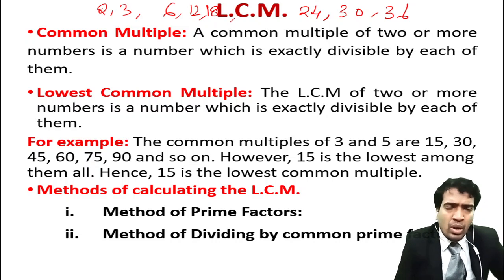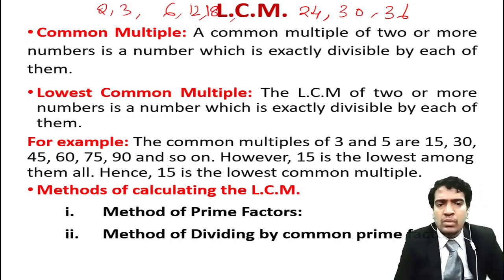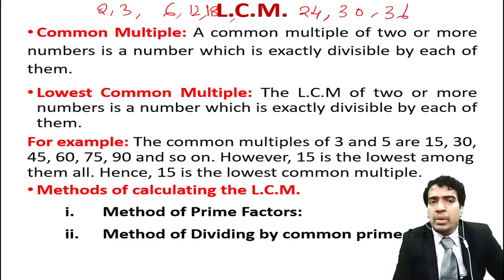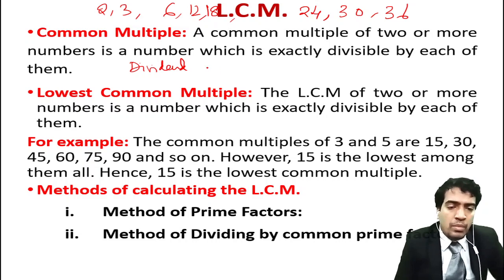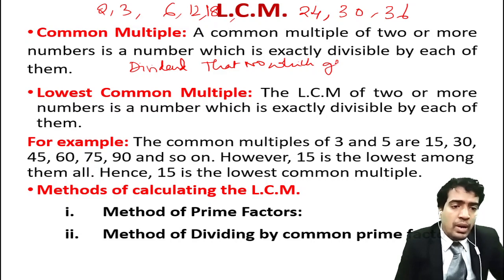by the way, what is the common multiple? I mean, where should it be present? When you are saying common multiple, it is the dividend, meaning it is that number which gets divided by 2 and 3 exactly.